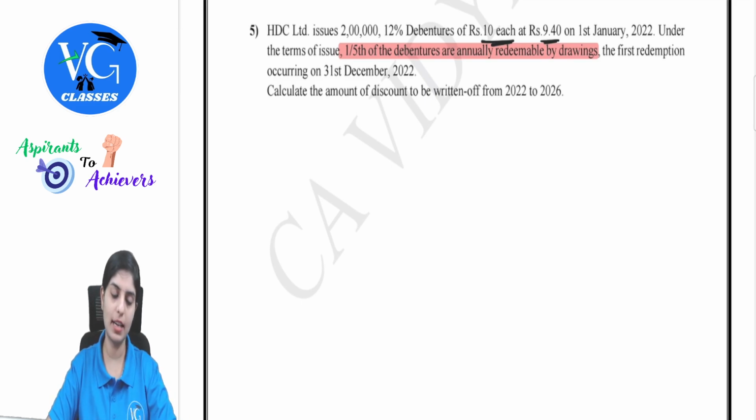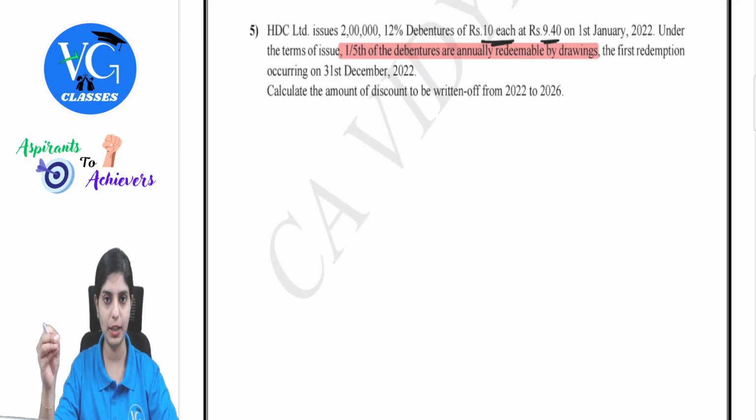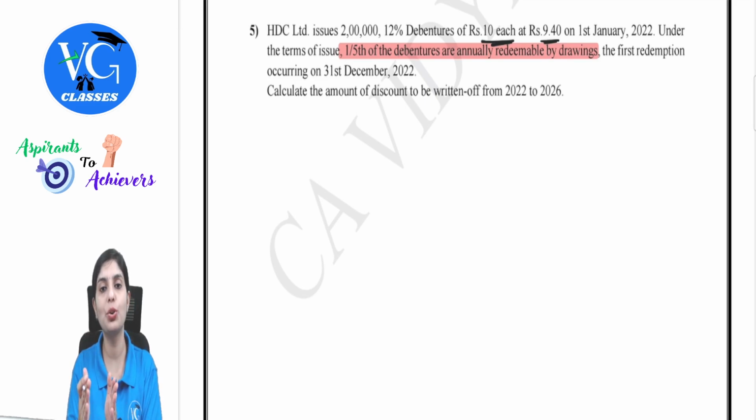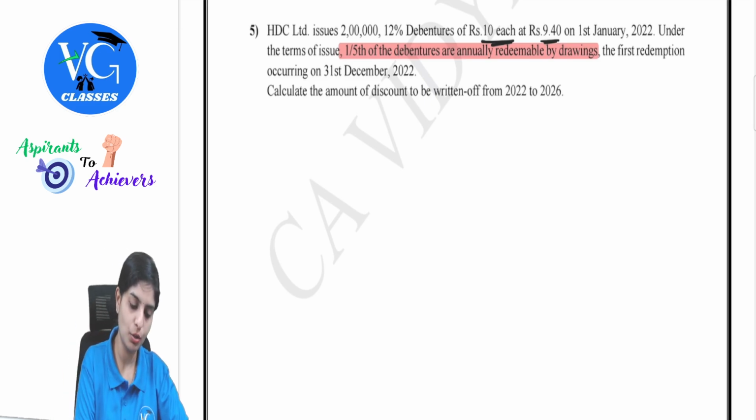One-fifth of the debentures are annually redeemable. My total debentures is 2 lakh; to take it in value, I will multiply it with the par value. So that value is divided in one-fifth portions. In this scenario, we first find out the ratio, and based on that ratio we will apportion the discount amount. Is this clear? Yes.